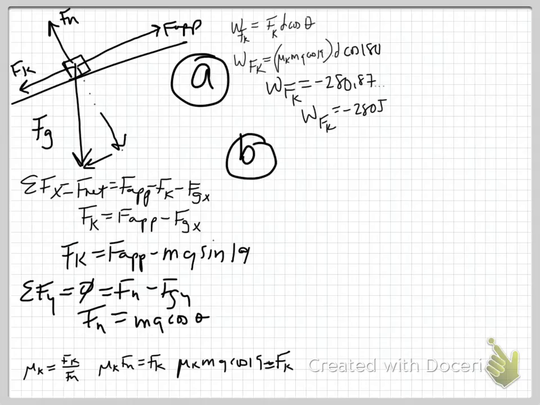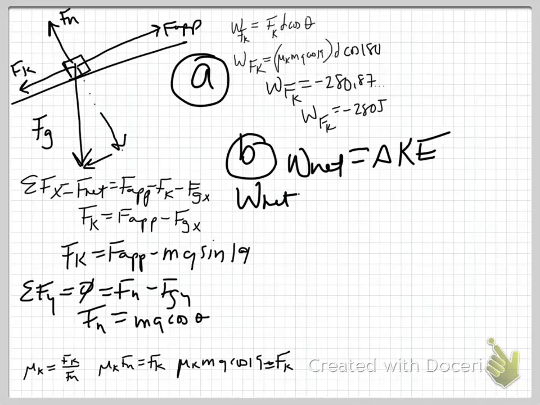So part B asks for the final velocity of the block. So for that, you have to do the fact that net work is equal to change delta KE. And in that case, we know that the net work equals Fnet d cosine theta, and this thing's going up, so that's going to be theta 0.